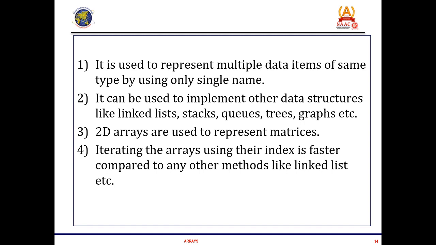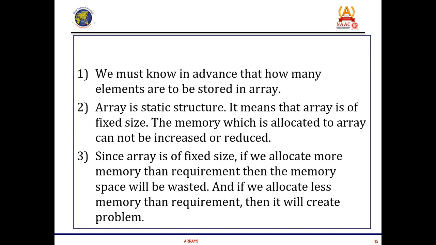Actually, these linked lists, stacks and all are data structures which you will be studying in the higher semesters. Third, as I've already told you in the introduction of two-dimensional arrays, they are used to represent matrices. The fourth advantage is that iterating the arrays using their index is faster as compared to other methods like linked lists, etc.